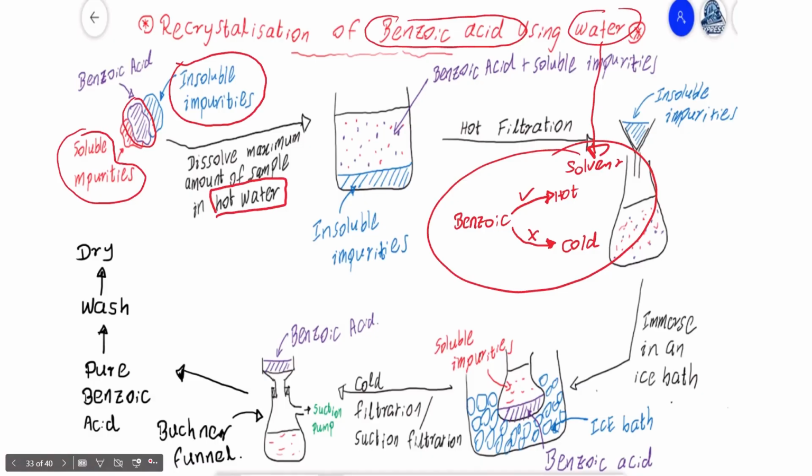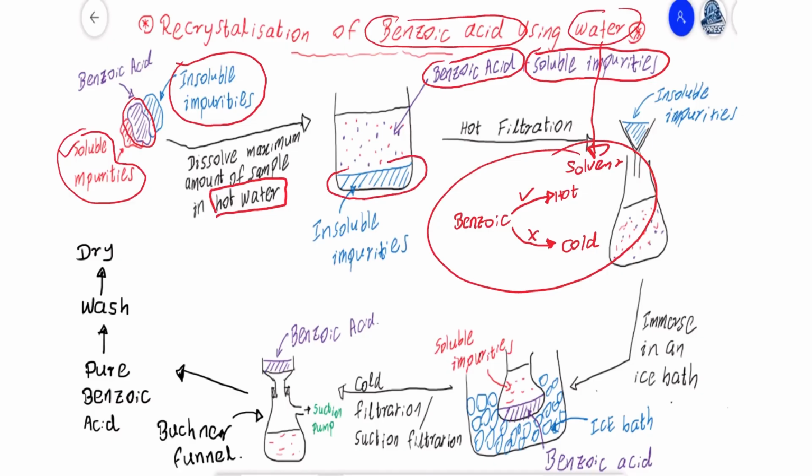Not only benzoic acid, something else will also dissolve. Soluble impurities. If they are more soluble than benzoic acid, obviously they will also dissolve there. Then what's not going to dissolve? It's the insoluble impurities. Now they remain at the bottom.